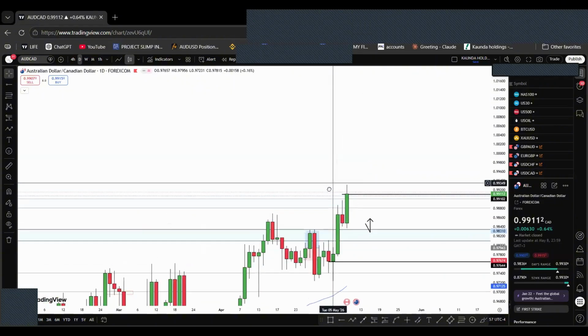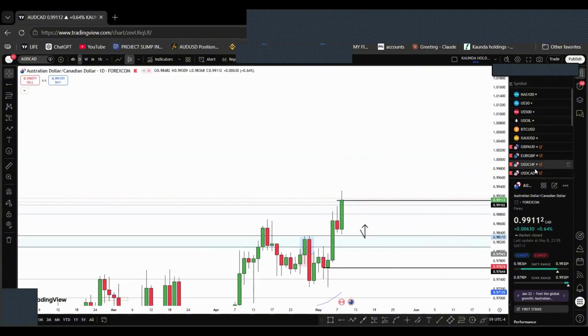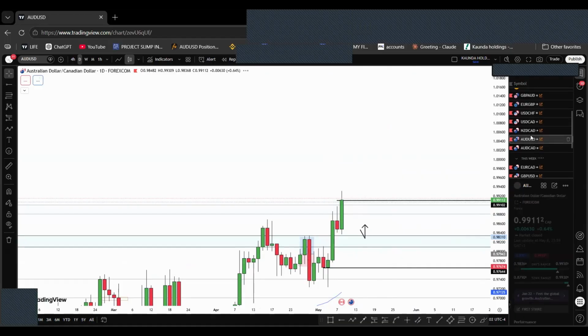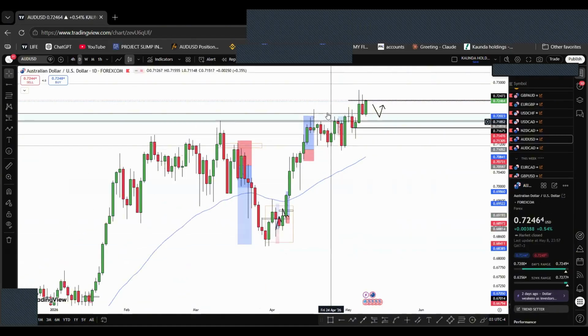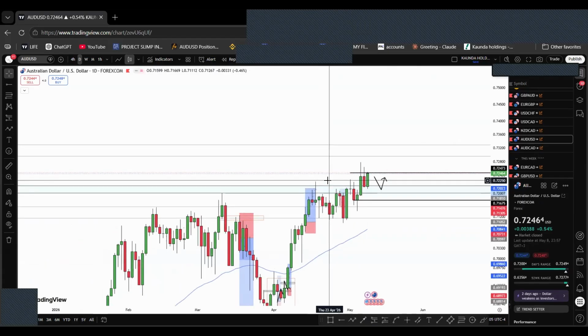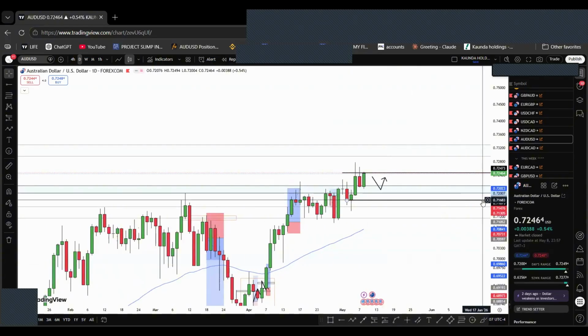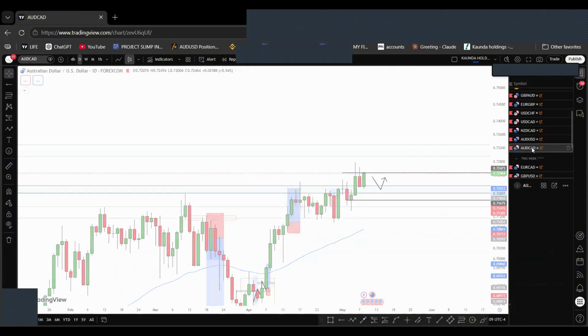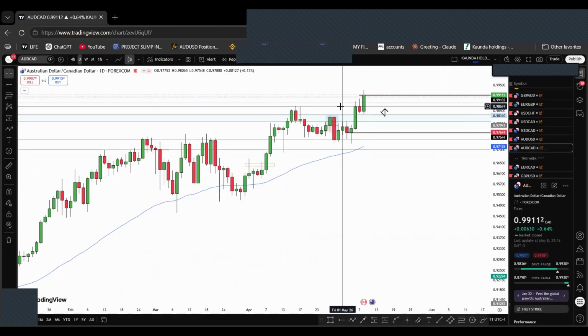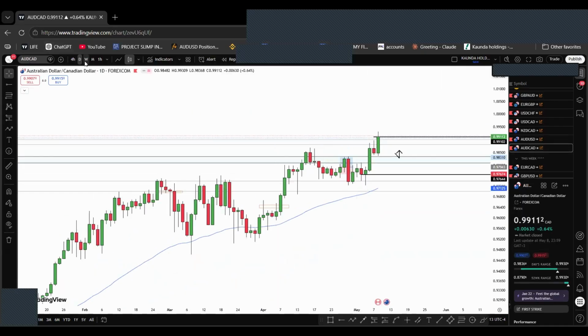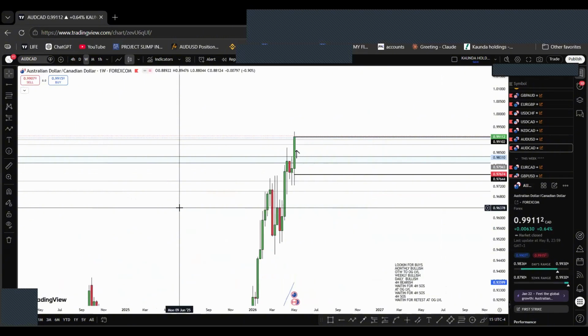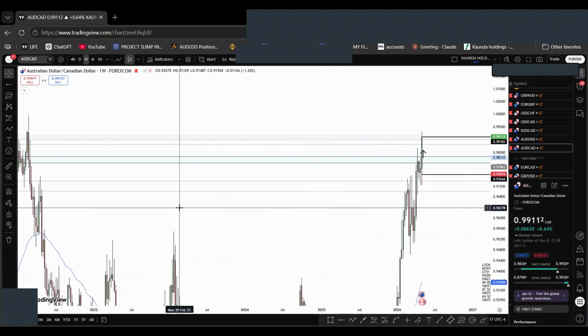You might pick AD. Can I pick? Because all these are clean, right? Let's pair this one. You can see here. And let me just look at the weekly time frame and see.